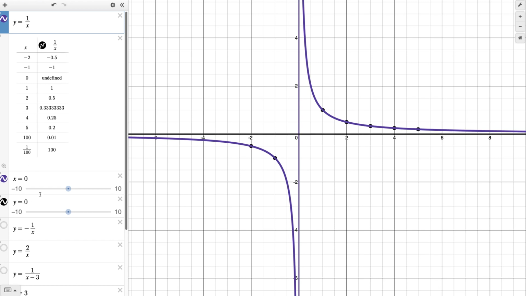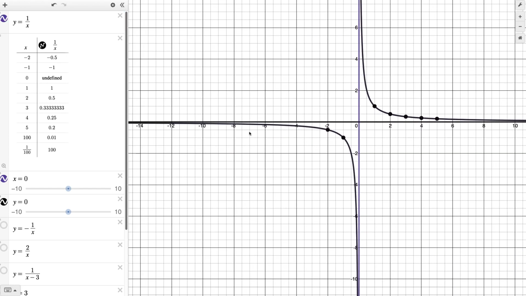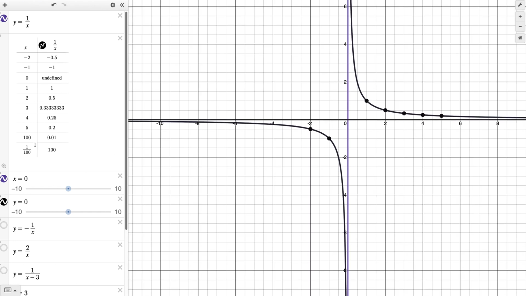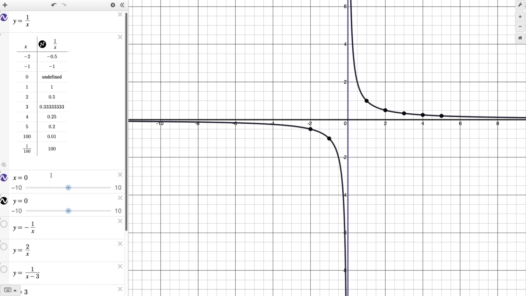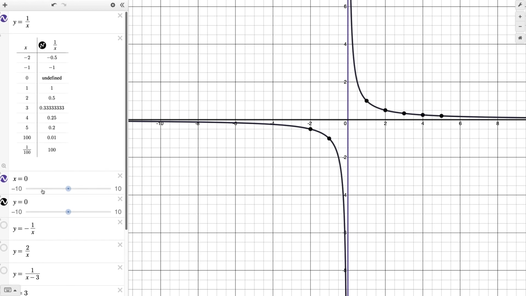The horizontal line, y equals 0, which is really the x-axis, is what the function is approaching as x approaches plus or minus infinity, okay? So these two, the vertical line and the horizontal line, represent sort of extreme values of the function. They're not actually attained by the function itself, though, okay? But we'll be using that terminology more and more here, horizontal and vertical asymptotes, okay?